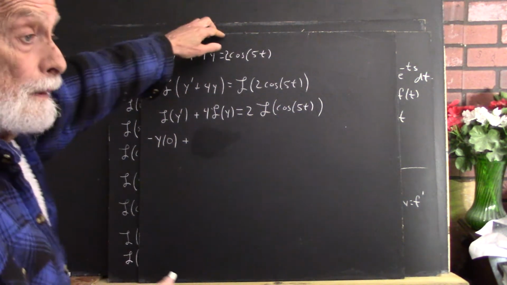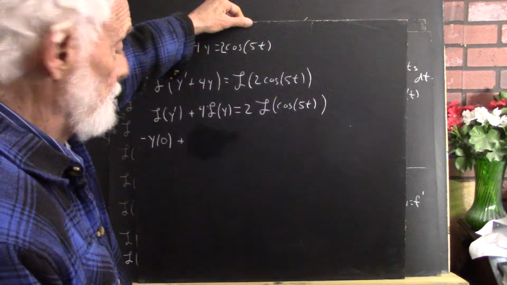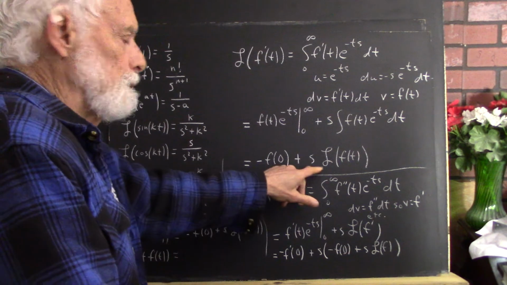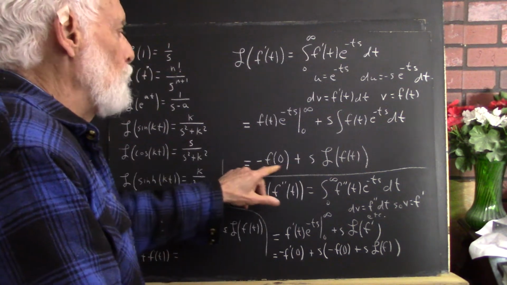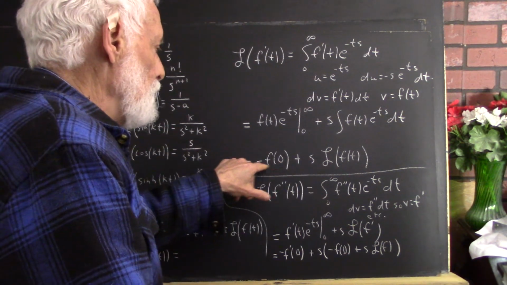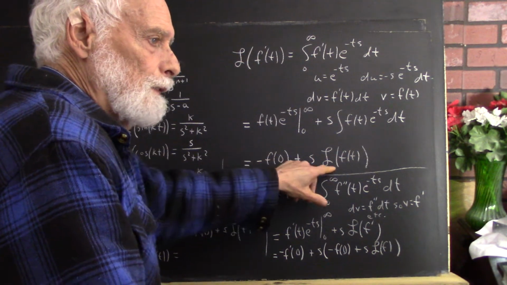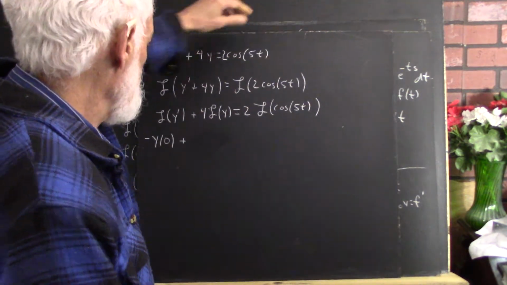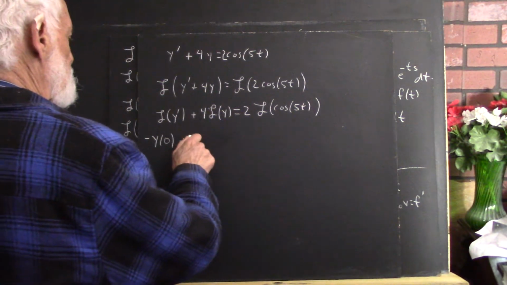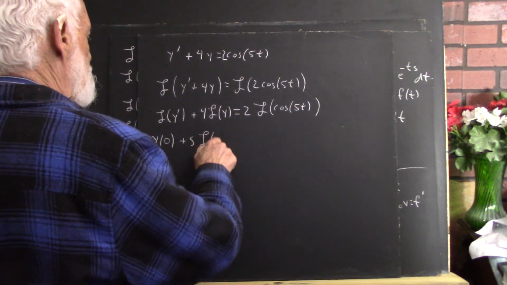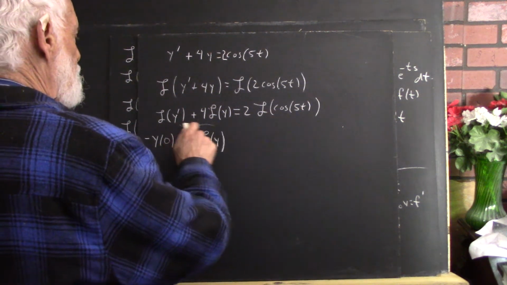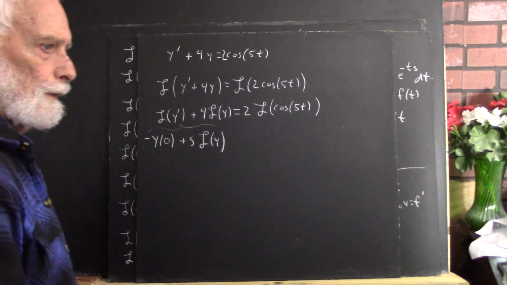Okay, now looking back at our result, making the connection between the f and the y: if it's y instead of f, then it's negative y of 0 plus s times the Laplace transform of y. Okay, so this gives you all of this.